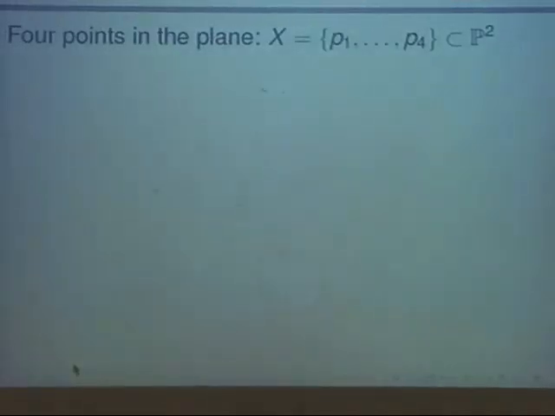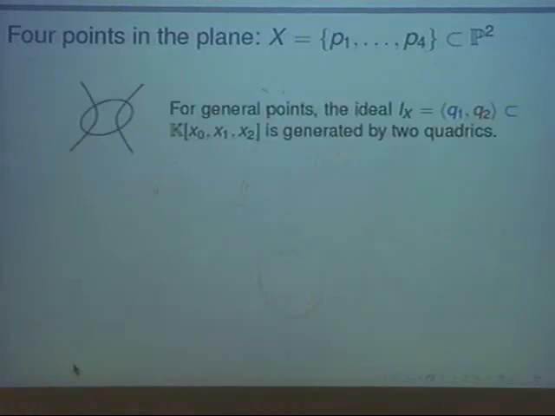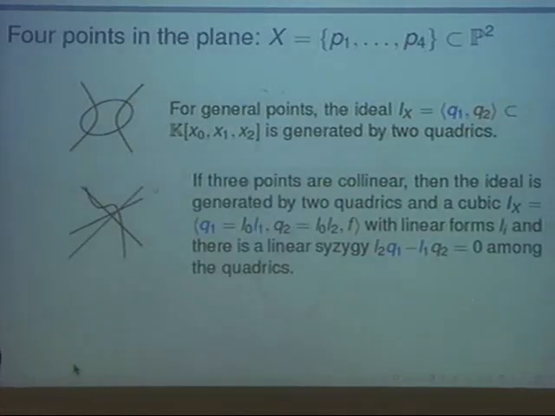Now four points in the plane. If we have four general points, the homogeneous ideal is generated by two quadrics, and we only have the Koszul syzygy. However, if three of the points lie on a line, the black line, then the quadrics have this black line as a common factor, and we have a linear syzygy.